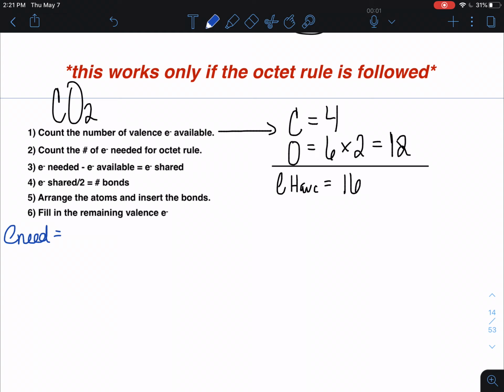All right. Carbon needs 8. Oxygen needs 8, and there are 2 of them, right? So that's 16, and then 16 plus 8 is 24. So E need is 24. Okay.